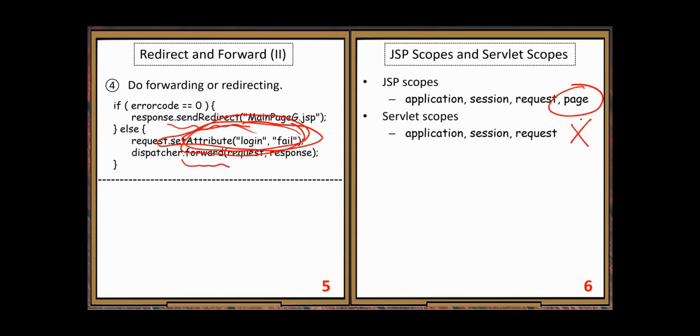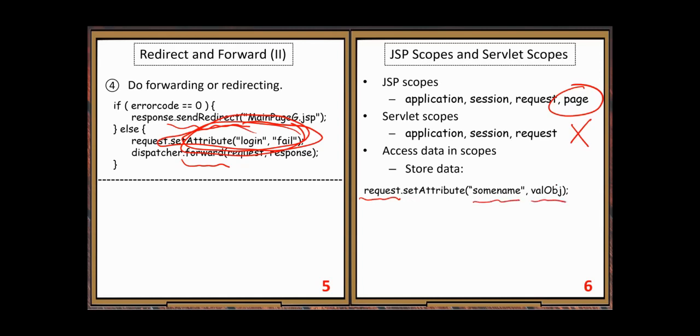Now, after you understand this concept, we can talk about accessing data in scopes. First, store data in any one of the scopes. You can do it this way. Here, I just give you an example: I store in the request scope. request.setAttribute, with 2 parameters. Let me explain the 2 parameters. The first parameter type should be Object, but usually people use String, because it corresponds to the name of the attribute.